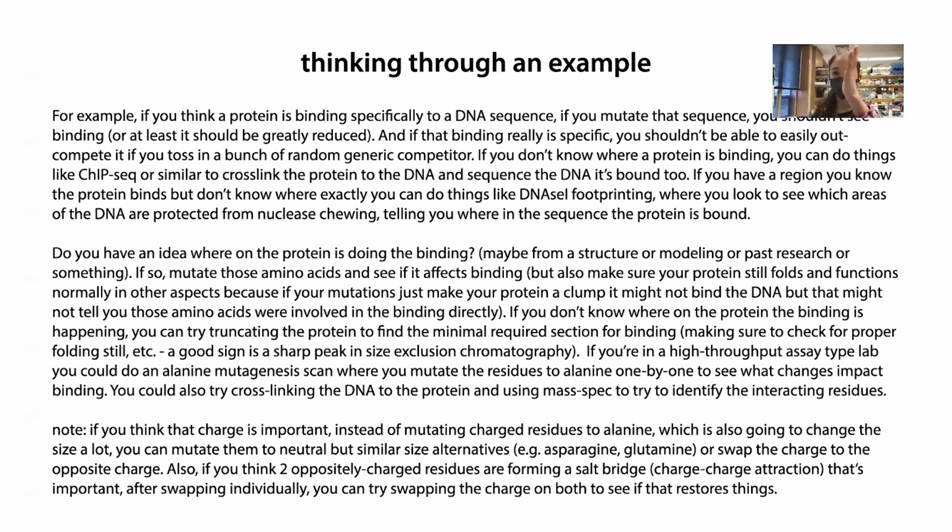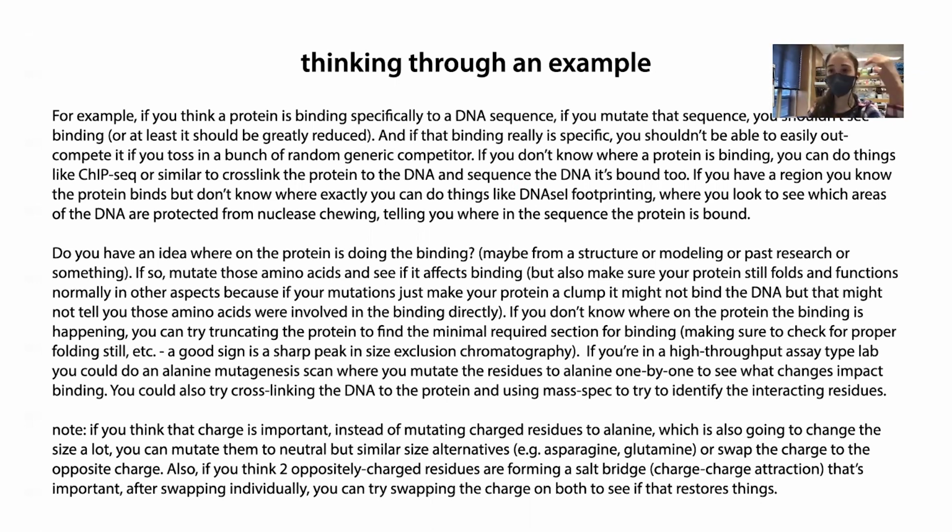And so when you're doing chromatography, like size exclusion chromatography, a good sign that your protein's still folded nicely is if you have a nice sharp peak. But some proteins have wonky peaks all the time. That can be due to modifications, various things I'm not going to get into.